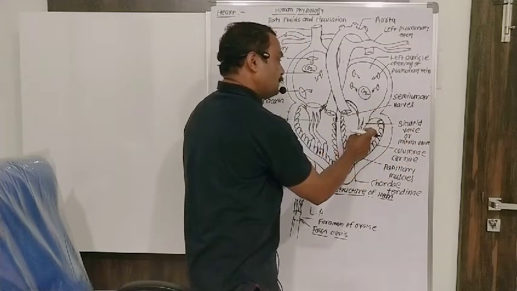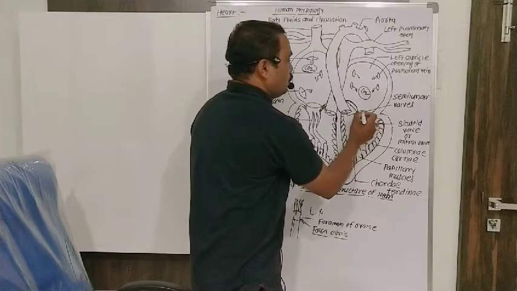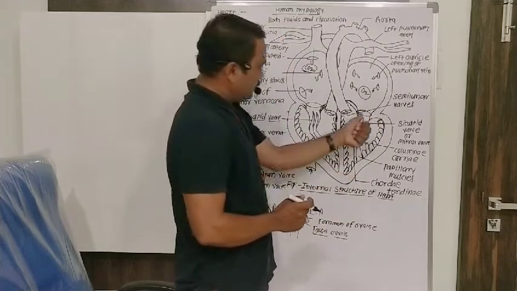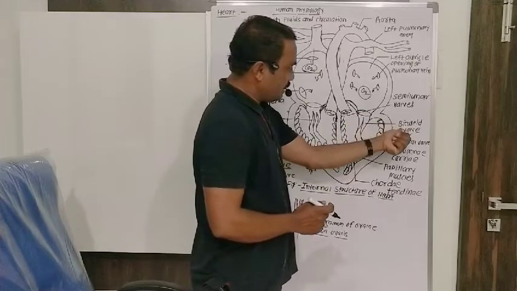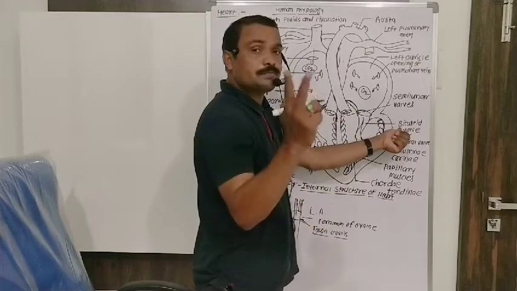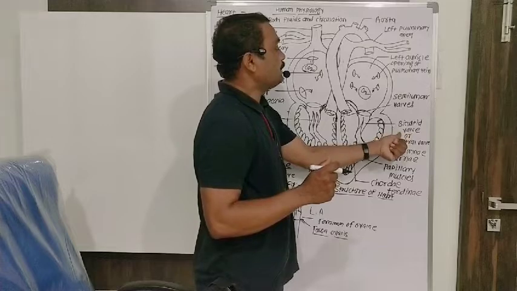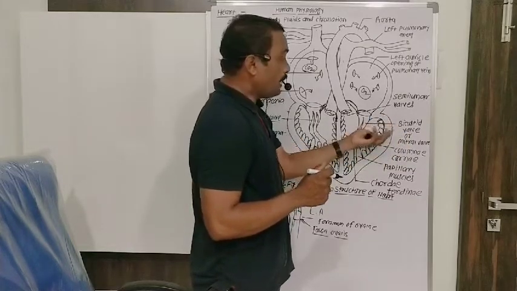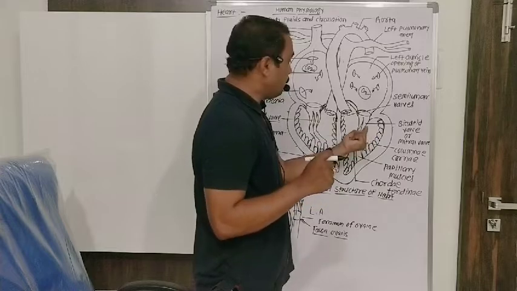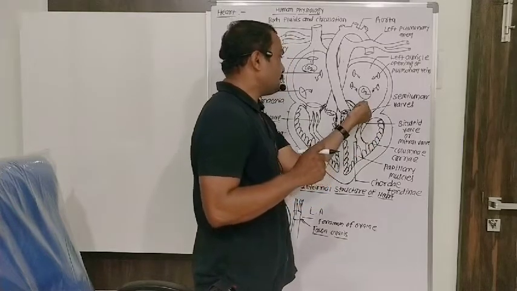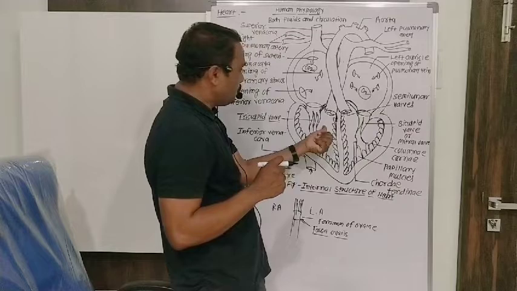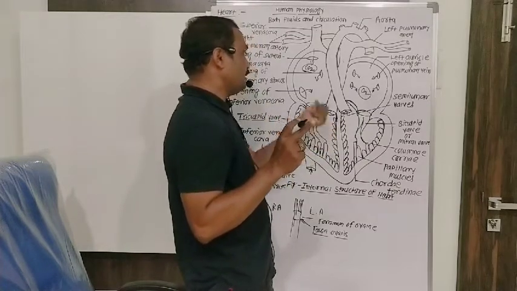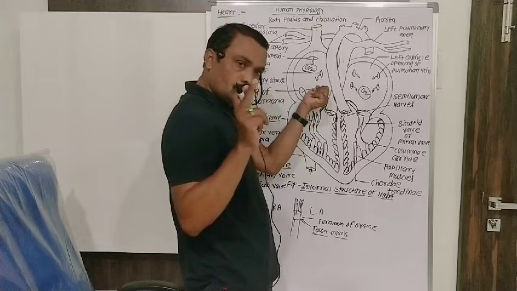Between the left auricle and left ventricle, the left auriculoventricular opening is there. This opening is guarded by the bicuspid valve. 2 cusps are there. Bicuspid valves are also called mitral valves. They prevent backward flow of blood from the left ventricle to the left auricle. Here the tricuspid valve prevents backward flow of blood from the right ventricle to the right auricle.